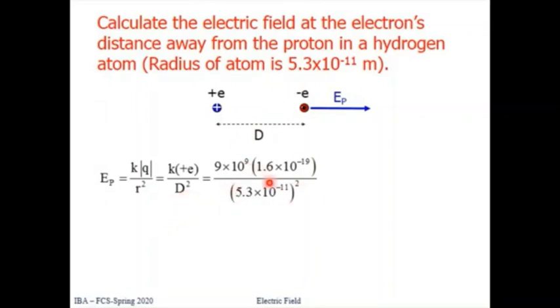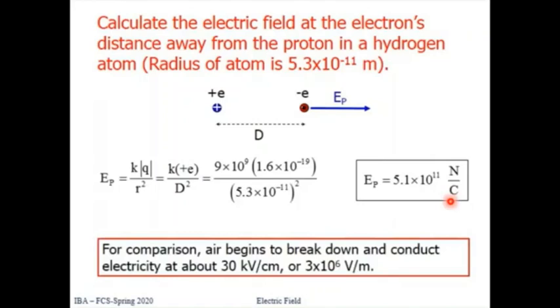If you solve this, we will get an electrostatic field of 5.1 × 10^11 Newton per Coulomb.